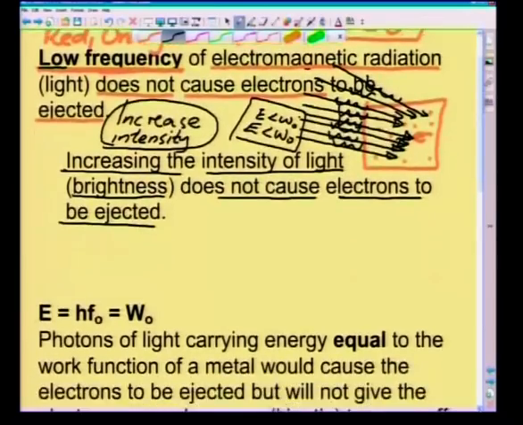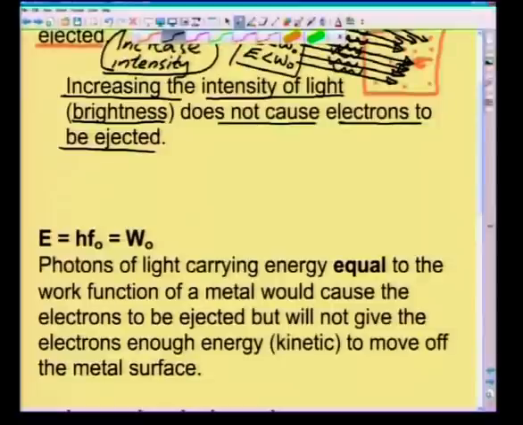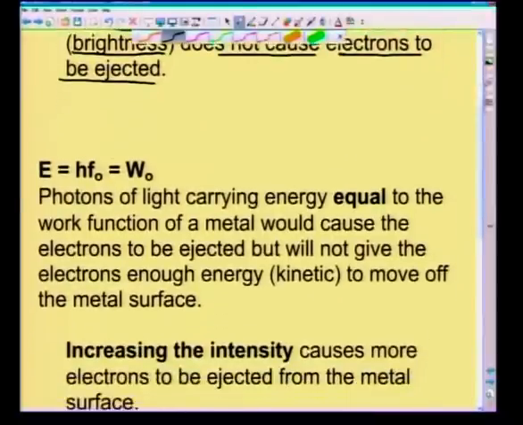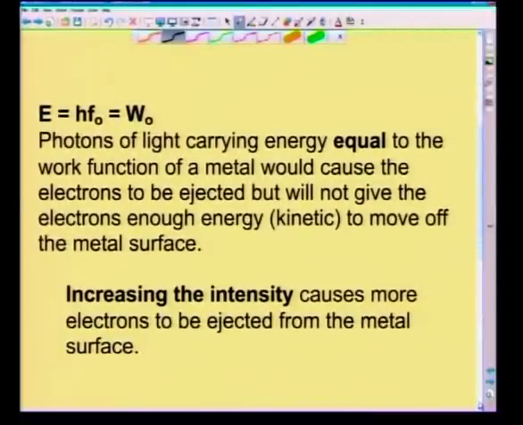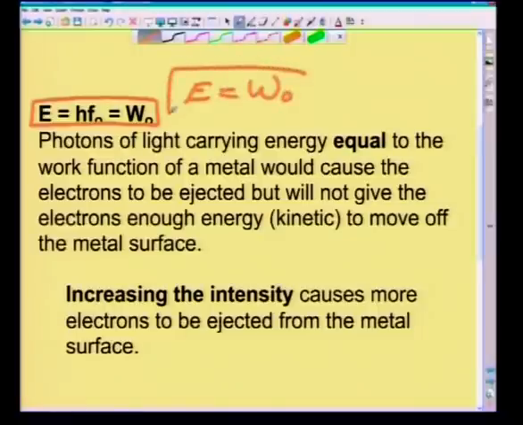But then let's look at the second condition, which I said is not much realistic in the world we live in. This is a situation where E equals the work function. The energy of a photon is exactly equal to the work function. What is going to happen?